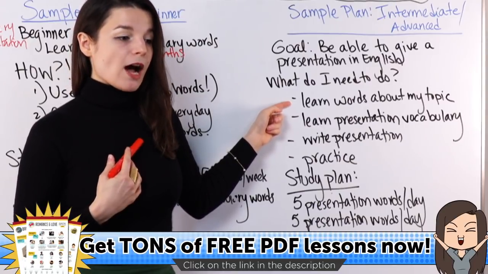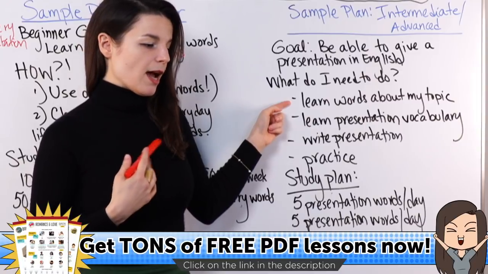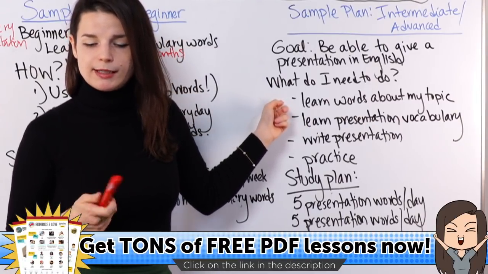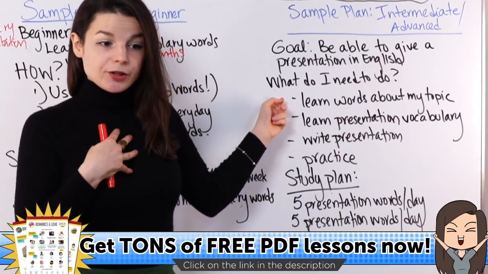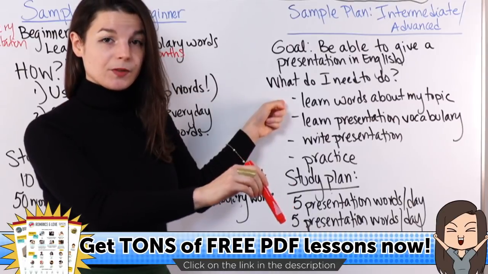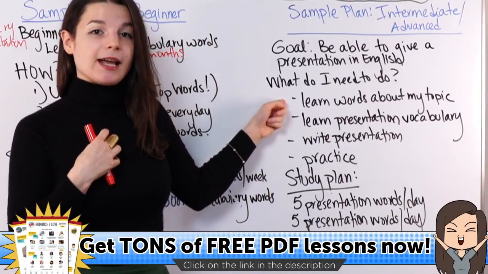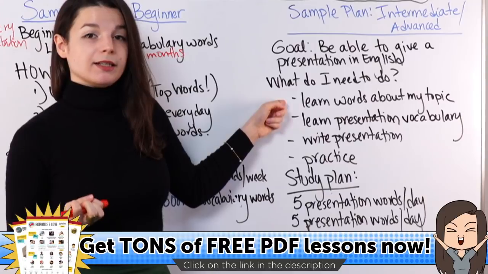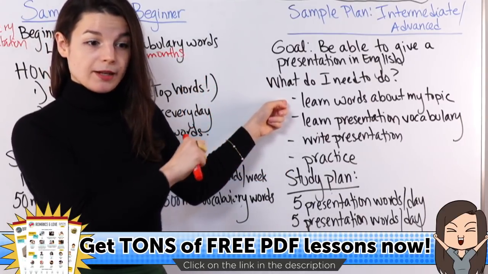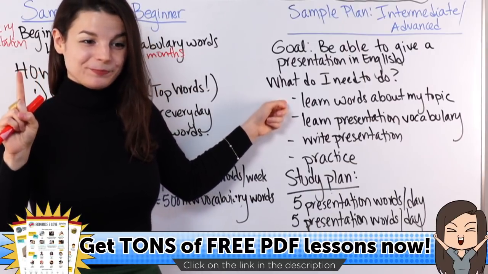So maybe if I'm going to give a presentation about finance, for example, or about my research topic, I need to learn those words in English. So that means I need to create my own vocabulary list in English for those specific words I need for my topic. So that's one to-do item.